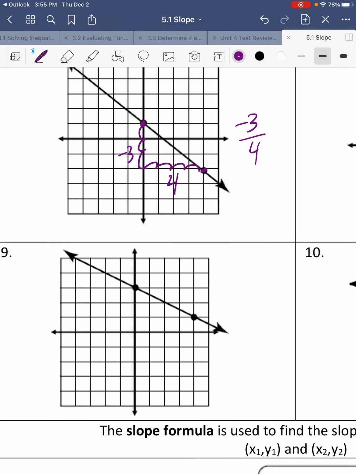Undefined. Number 9. You don't have to choose the 2 points that I choose, but if you choose the 2 that I'm choosing, you're going down 2, and then right 1, 2, 3, 4. It's -2 over 4, which reduces, divide by 2, divide by 2. -2 divided by 2 is -1, 4 divided by 2 is 2.